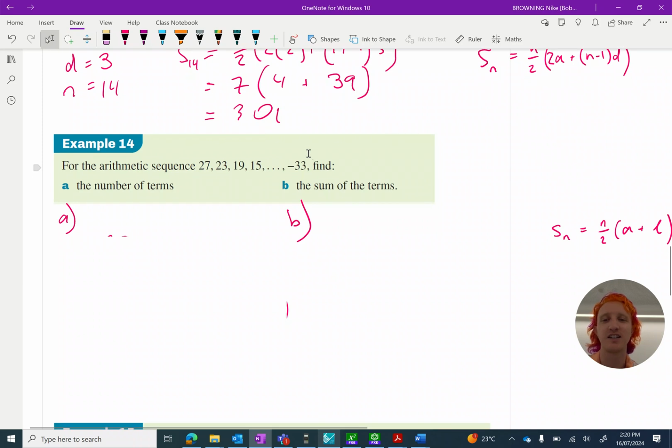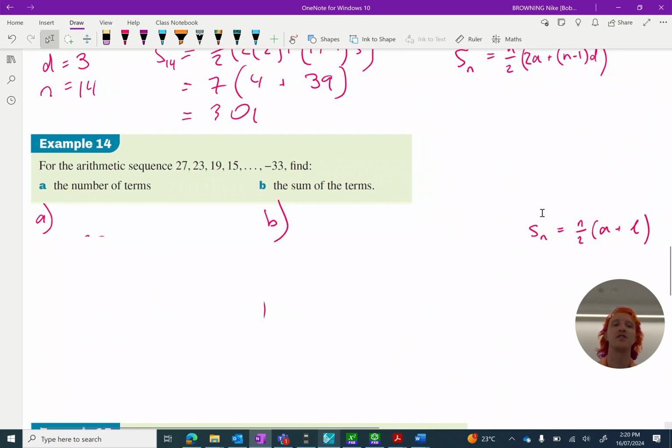For our second example, the arithmetic sequence is 27, 23, 19, 15, all the way down to negative 33. So it's giving us our last term. So I've just conveniently kept our last term equation here on the sidelines. The first part is asking for the number of terms. The second is asking for the sum or the series. So again, we define our values that we know. a is 27, d, the common difference, is negative 4 as it goes down 4 each time.